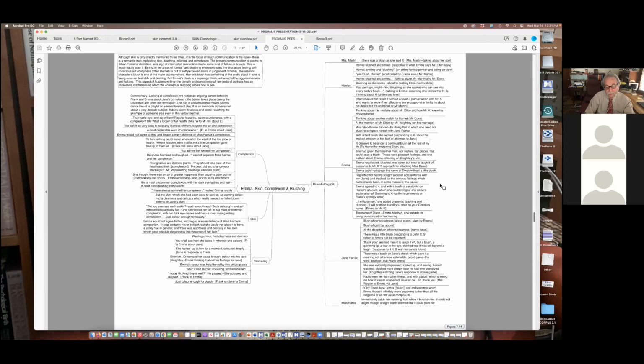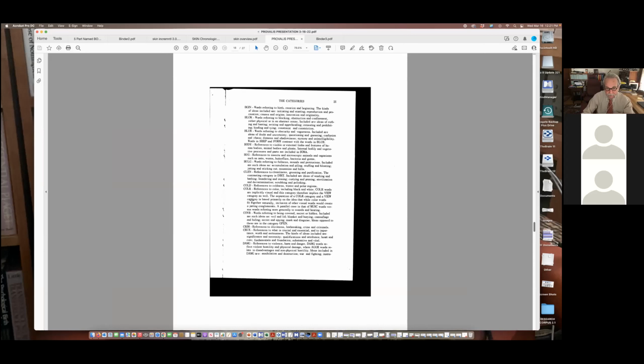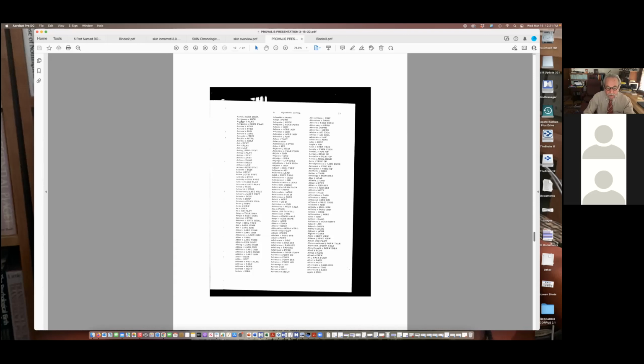This is how it works. There are concepts that he formulated. And you can see there, some of them are like body or bug or actual words, and some of them are just kind of abbreviated things. So there are the categories. And then there is an actual alphabetic list of words where next to them, we find the concept names.